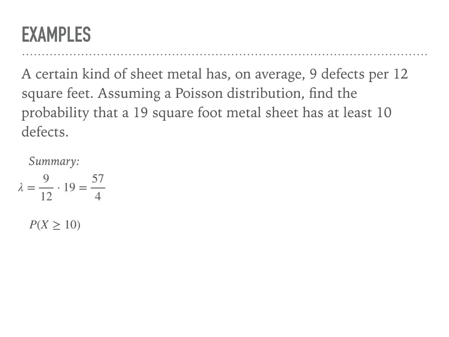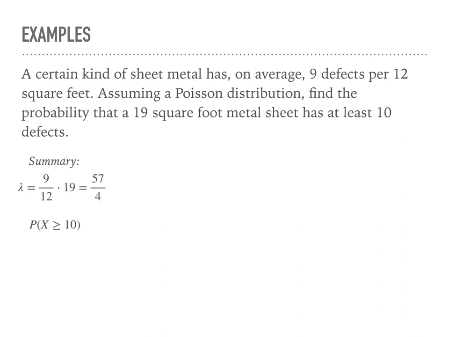To find lambda, we're going to take the 9 divided by 12, because on average it has 9 defects per 12 feet. And then we're going to take that times 19, because this piece that we're looking at has 19 square feet. So on average, we should have 57 over 4 defects on this piece of metal.